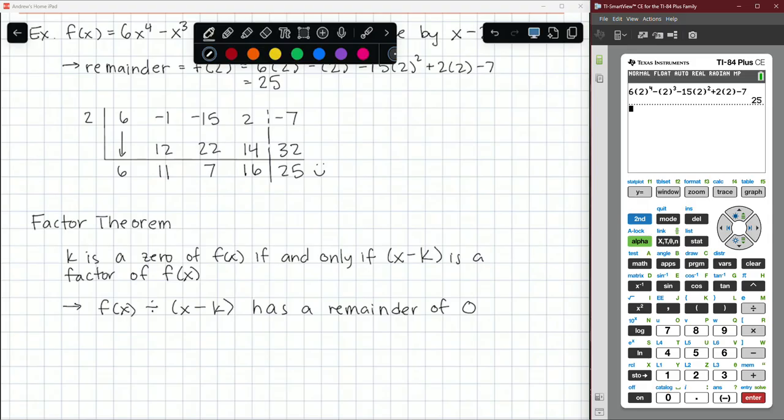And we know from our previous theorem, the remainder theorem, that that means that f of k should be 0. So super helpful theorem.